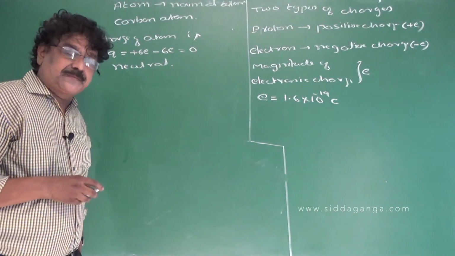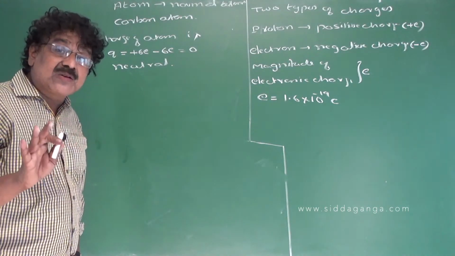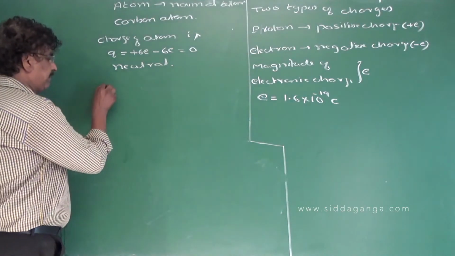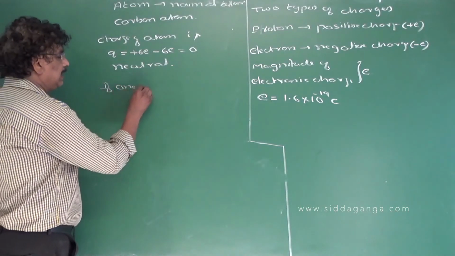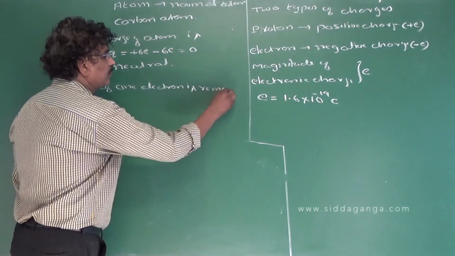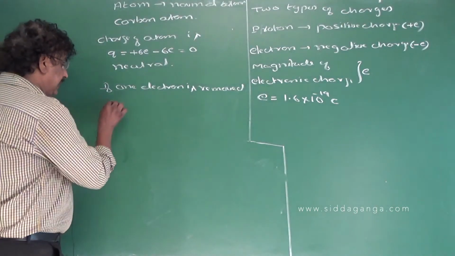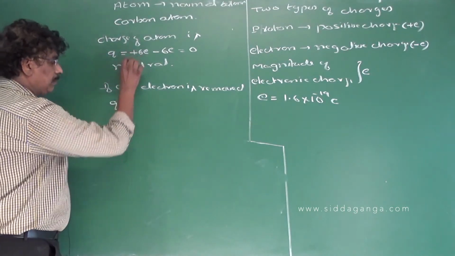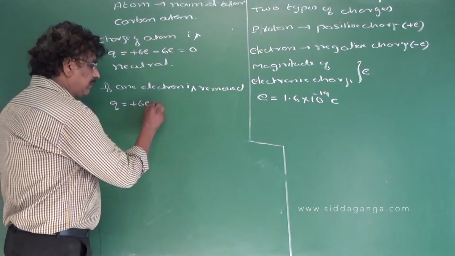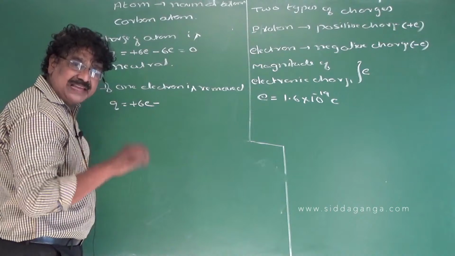But if somehow we are able to remove an electron from the normal atom, so if one electron is removed from the atom, the atom is left with only 5 electrons.